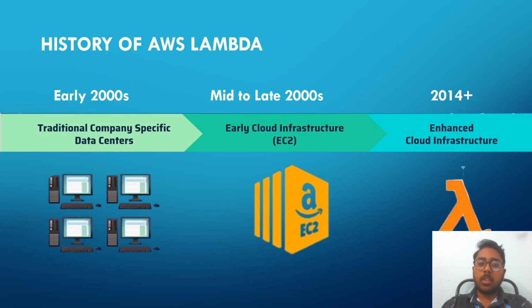In the mid 2000s, Amazon EC2, Elastic Compute Cloud, came into the picture, and there was no need to set up the hardware architecture, we could just run on virtual servers, but we needed to monitor EC2 while the data is processing. And in 2014, AWS Lambda came into the picture, and it runs as a serverless computing service. So it makes it easier for all people to access the services.